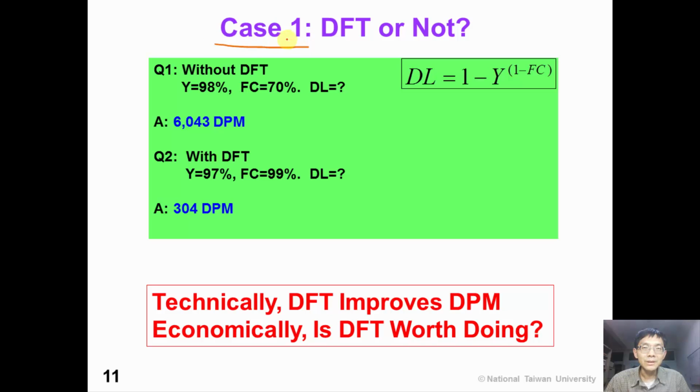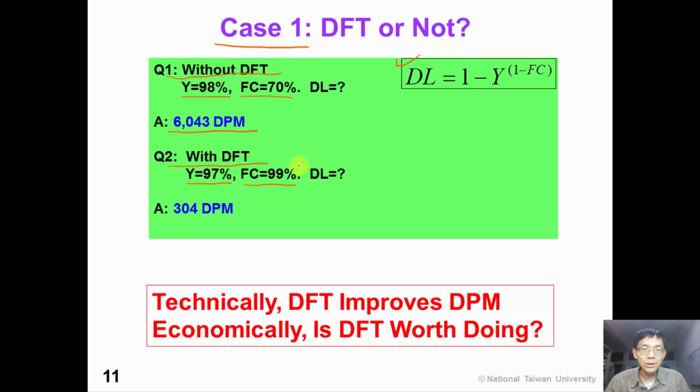In our previous video, we have shown that for a design without DFT, the yield is 98% and the fault coverage is 70%. According to the Brown and Williams model, defect level is 6000 dpm. With DFT, the yield is slightly worse, 97%.